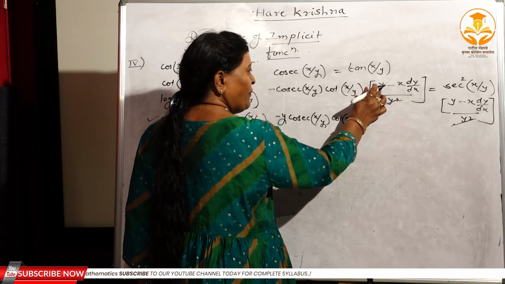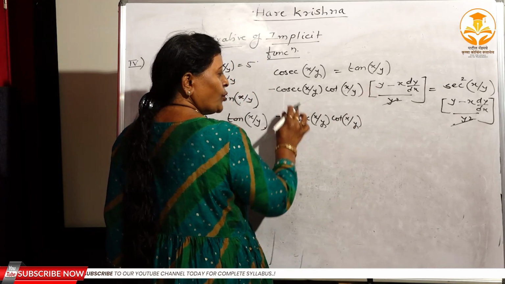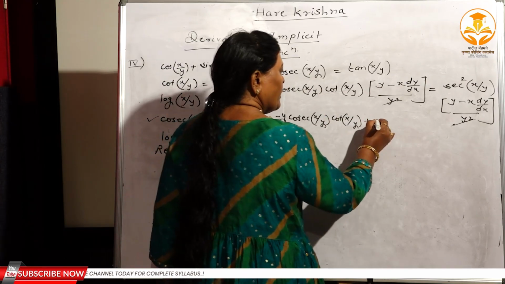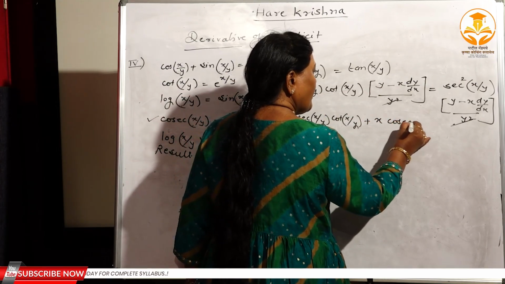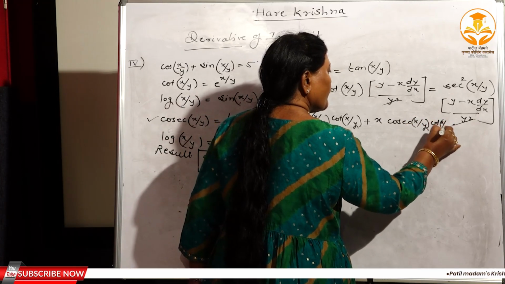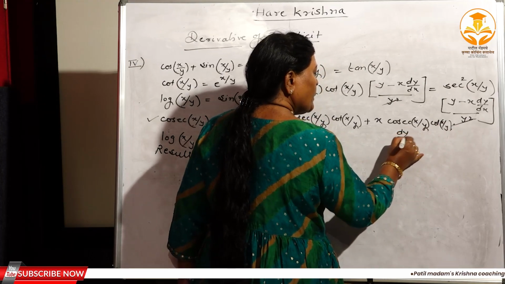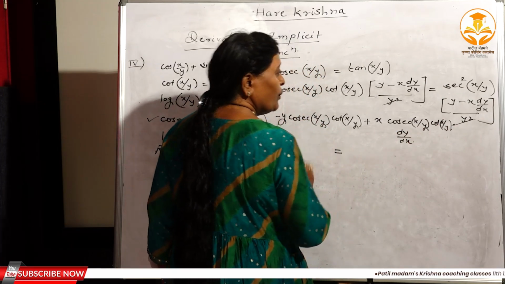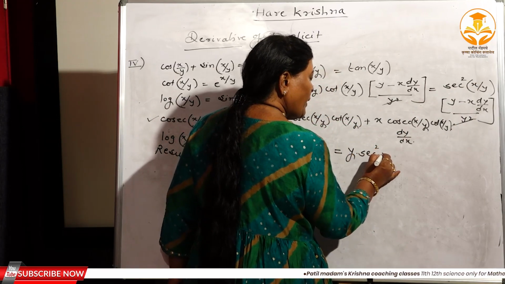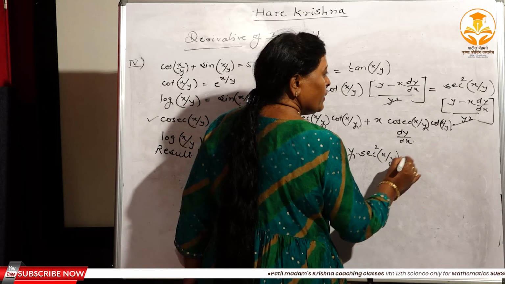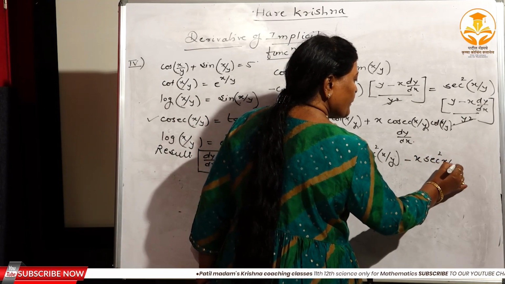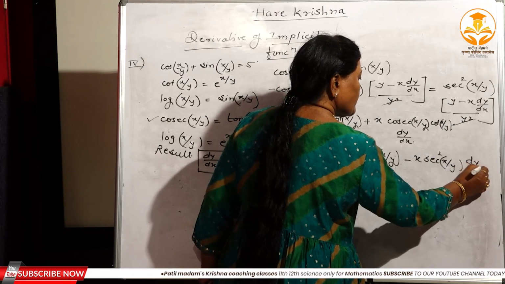When you multiply with y to this term, minus y cosec(x/y) into cot(x/y), minus minus plus again, here x cosec(x/y) cot(x/y) into dy/dx, it is equal to, that is sec square(x/y), that is y into sec square(x/y), and here again x into sec square(x/y) into dy/dx.